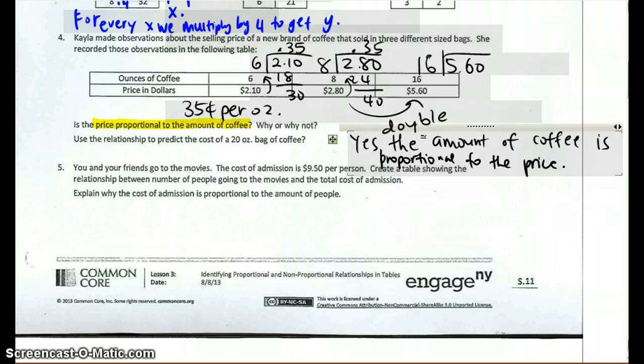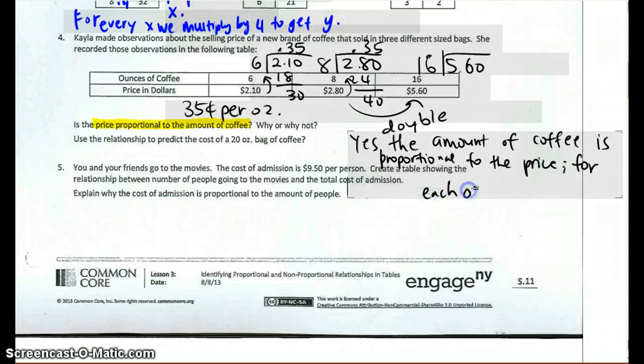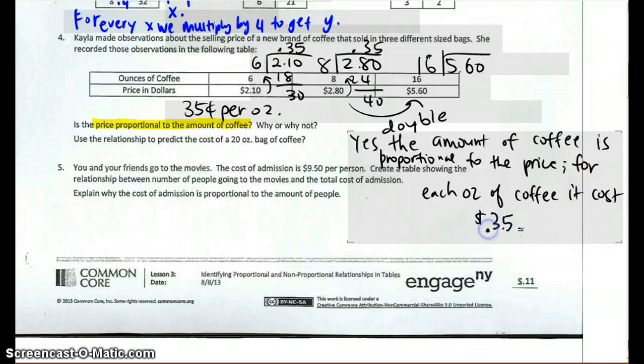And we said that for each ounce of coffee, it costs 35 cents. Okay? Great. So now answer this question. Predict the cost of a 20-ounce bag of coffee. I'll let you do that one.